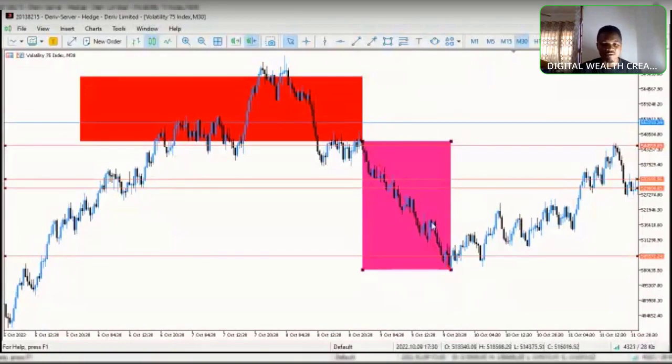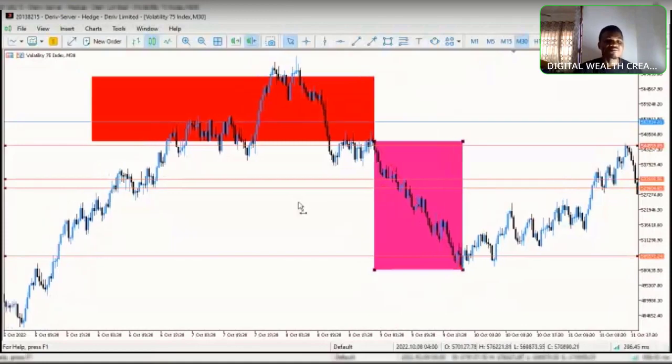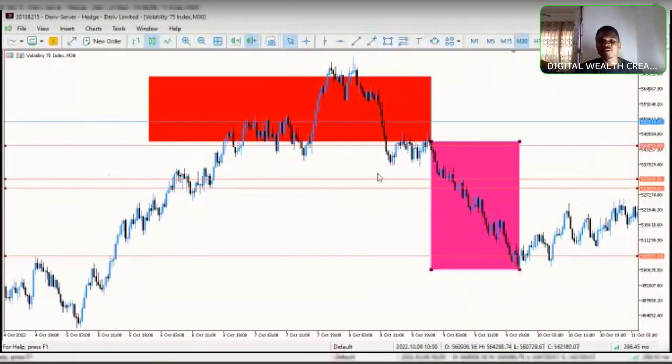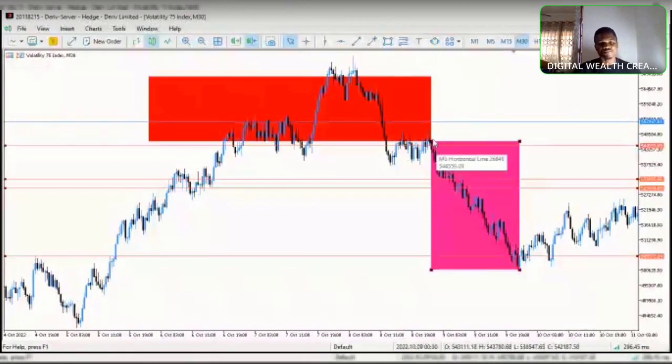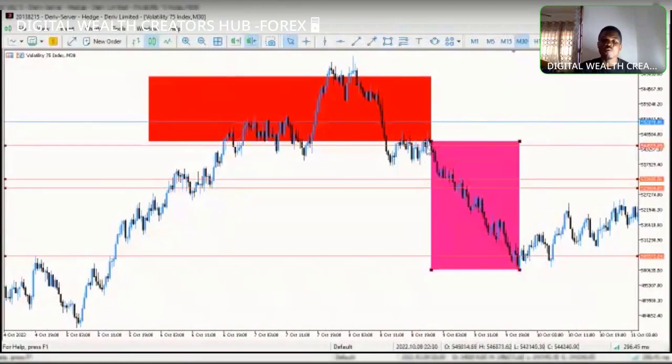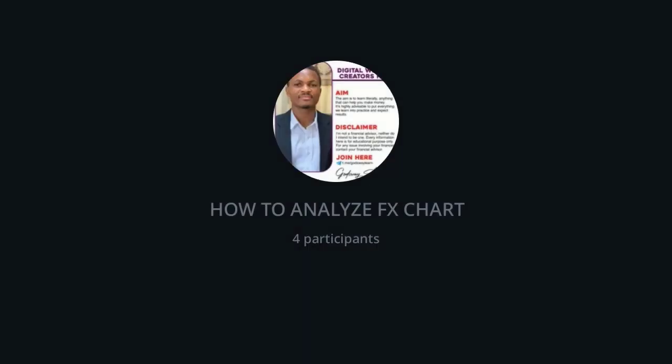I also understand if you are trading with a very, very small account and you're using the smallest lot size on Volatility 75, that's 0.001. It may not give you that. It may give you something like $4.5 or $4 for the TP1, and for TP2 it may be $10 plus or $11 or something like that.